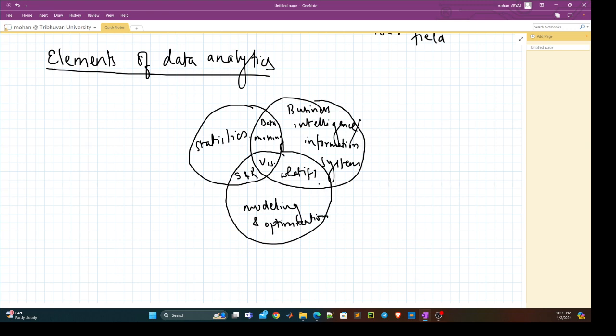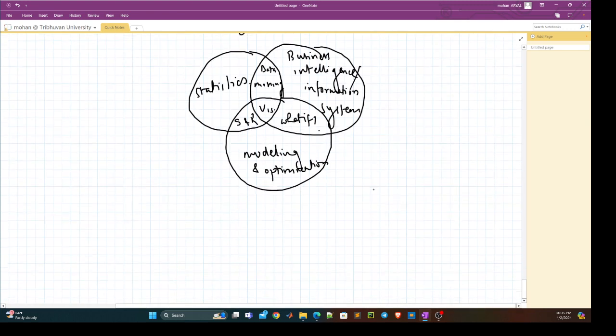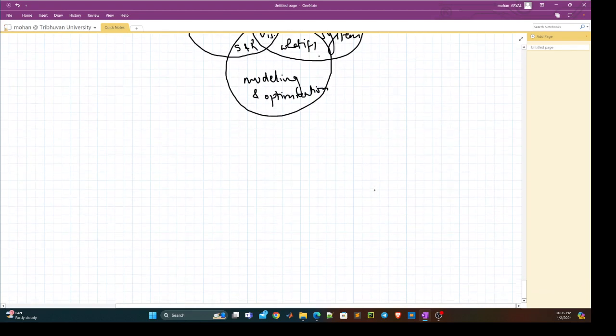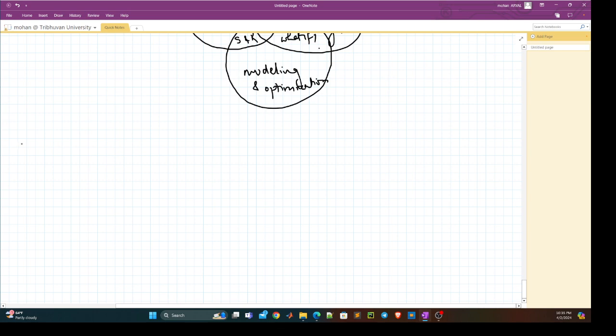So there is also a common doubt about data analyst and data scientist.